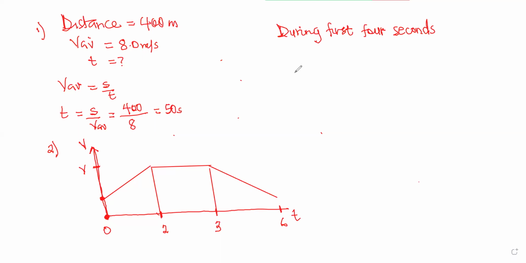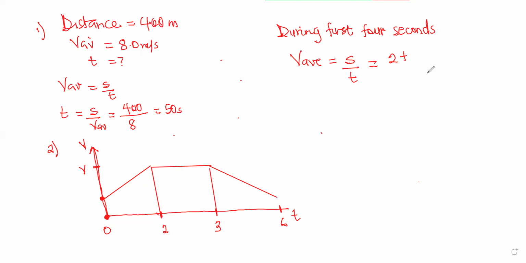So what is the average velocity during the 4 seconds? We know V average is equal to total distance divided by the total time taken. During the first 2 seconds, it covered a distance of 2 meters.